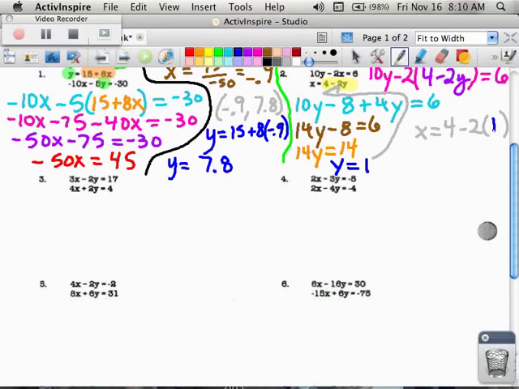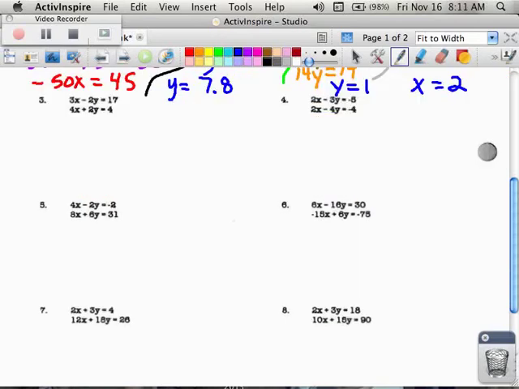So x equals 4 minus 2 times 1, which means my x is 2. And I know that the place where they cross is 2 comma 1. That's the ordered pair where they cross.